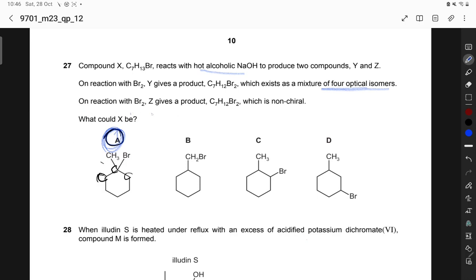On reaction with Br2, Z gives a product C7H12Br2 which is non-chiral. What could X be?